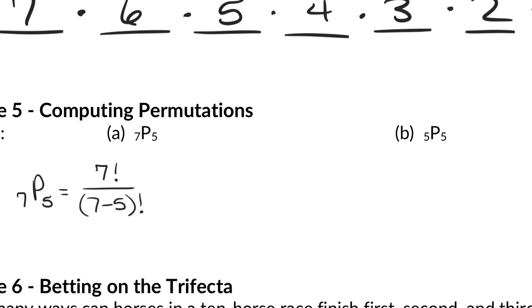Obviously, I know you already know where the factorial button is, but stick with me mathematically so we can see what's happening here. This is 7 times 6 times 5 times 4 times 3 times 2 times 1. What would be the bottom? First of all, what's 7 minus 5? 2. And if I'm writing 2 factorial, isn't that just 2 times 1? Which means these things will cancel each other out.